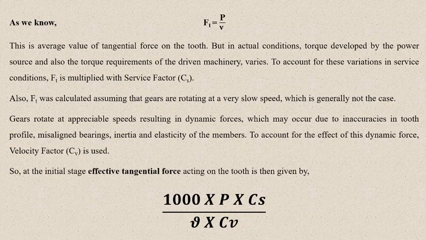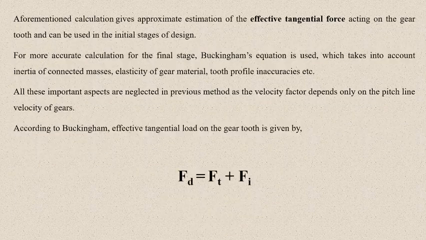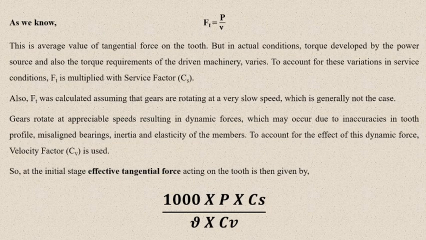At the initial stage, the effective tangential force acting on the tooth is given by 1000 into P into Cs upon nu into Cv, as in the spur and helical gear. As I told, in the spur and helical gear, this effective load gives the approximate estimation.